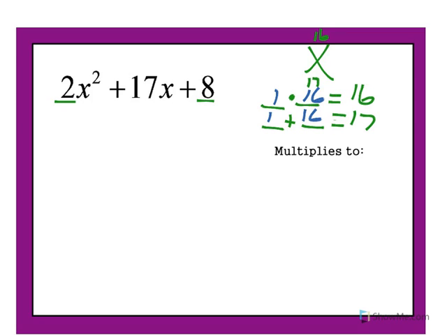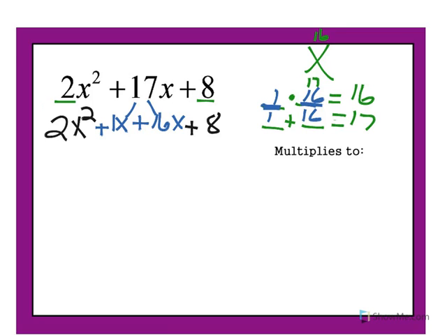So I'm going to take this trinomial, and instead of 17x, I'm going to break it into those two terms I just found, 1x and 16x, because 1 plus 16 is just another way to write 17.